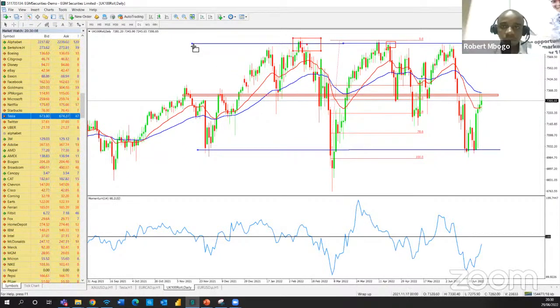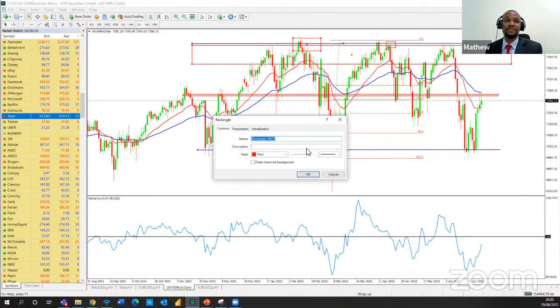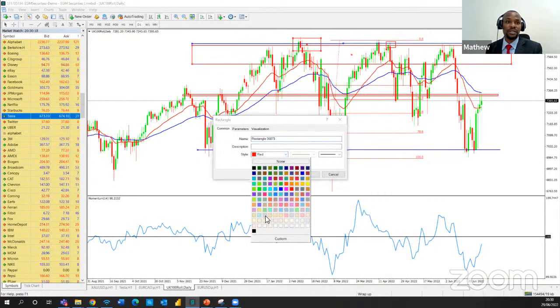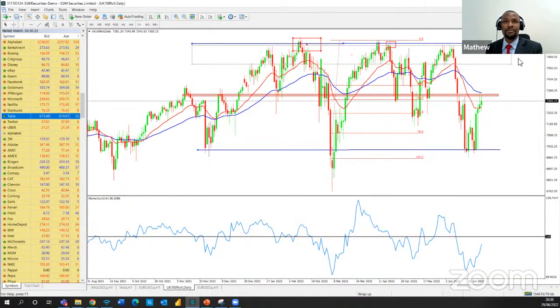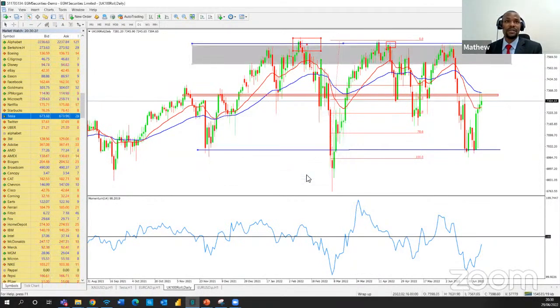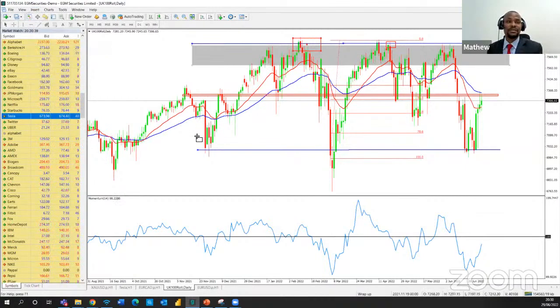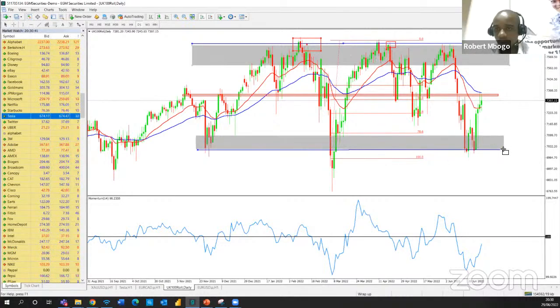Yeah, pretty much. And let me use a shape which is filled up. Let me fill this rectangle just to indicate what you just said. Just let me fill it so that if you entered around that area, of course, after getting a confirmation, then you're targeting to have your profits just around down there, at the support area.